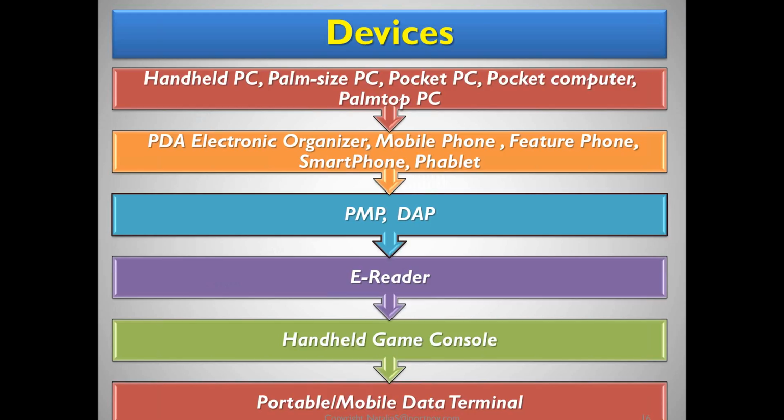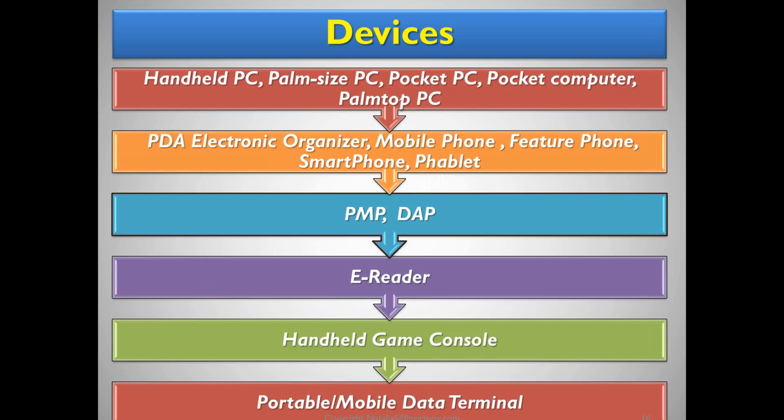Mobile devices have been designed for many applications that include, for example, mobile computers and mobile internet devices, tablet computers, wearable computers such as calculator watches, smart watches, head-mounted displays. Also, we have the PDAs, which are personal digital assistants. We have enterprise digital assistants. We have calculators.